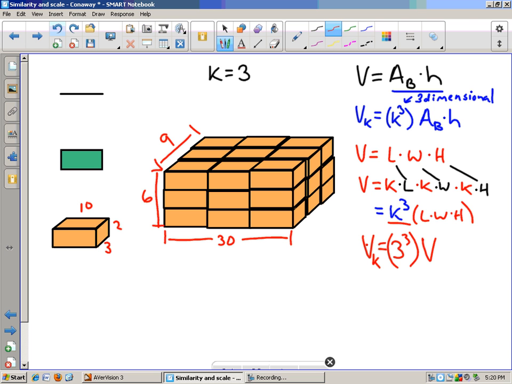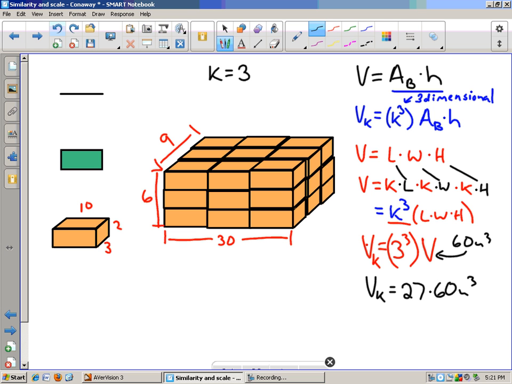Actually, we do know what the original volume is. We learned it on the last one. The original volume was 60 units cubed, right? So we should end up just trying to find what 3 cubed is, and we're going to get the volume after scaling it up. 3 cubed is 27 times 60 units cubed. 27 times 6 is going to be 120 plus 42, so 162 with another 0.